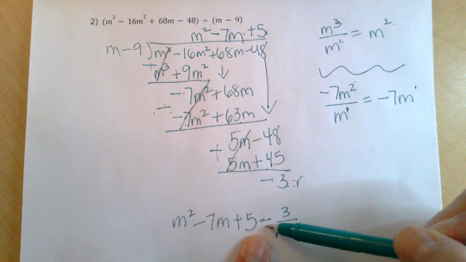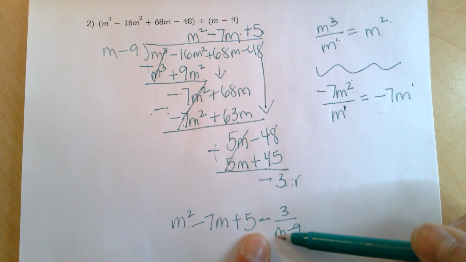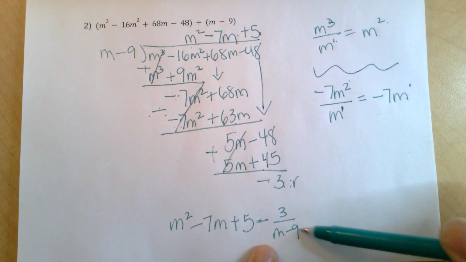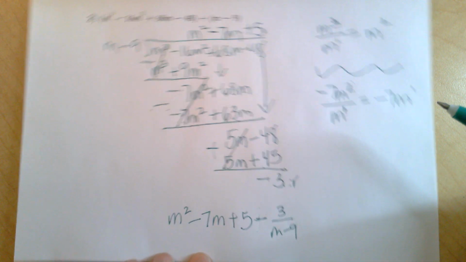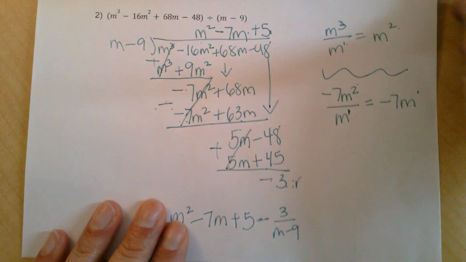It's negative, so it's minus. The remainder is 3, but we still could go on because we're still dividing it by m minus 9. That's why this is in the denominator, just like we saw when we were doing it before with all numbers and no polynomials. All right, and let's do the last one.